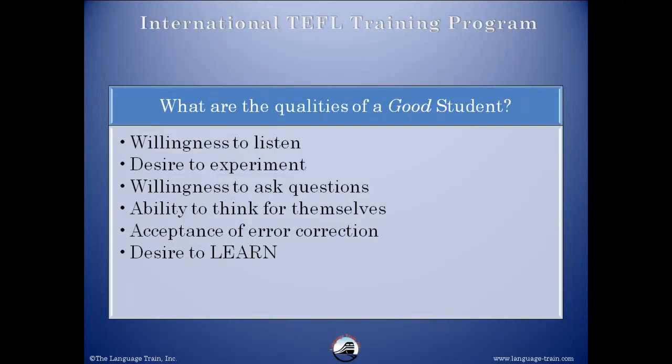And the key element here is that as we recognize these good qualities, we begin to develop these good qualities in all of our other students, so that we don't just focus on that one student who has all of these good qualities. We help all of our students develop these good qualities.